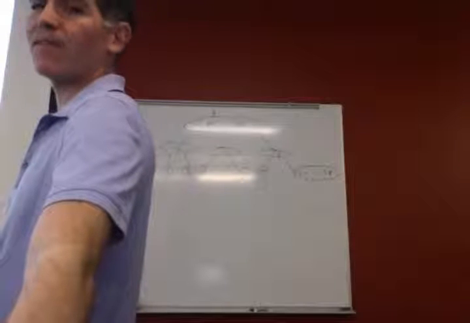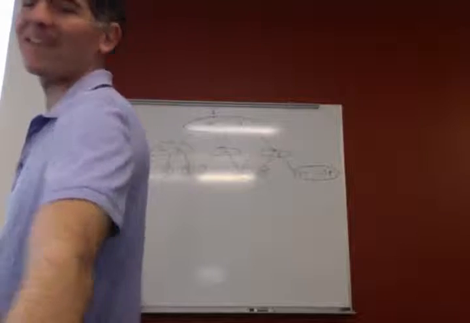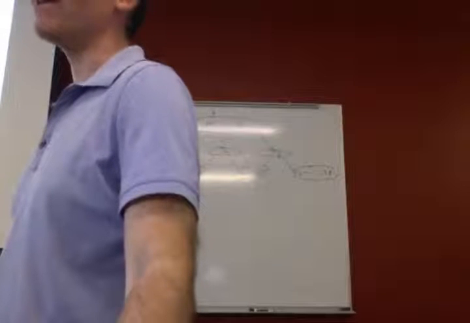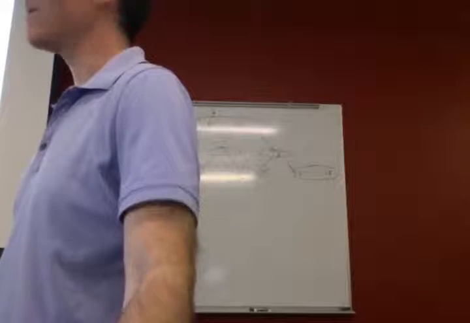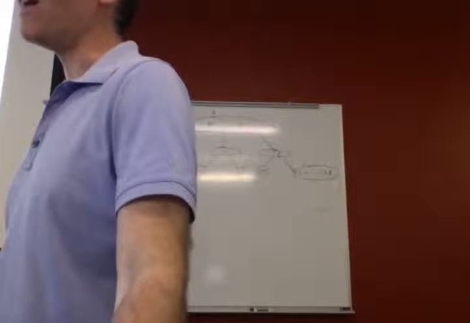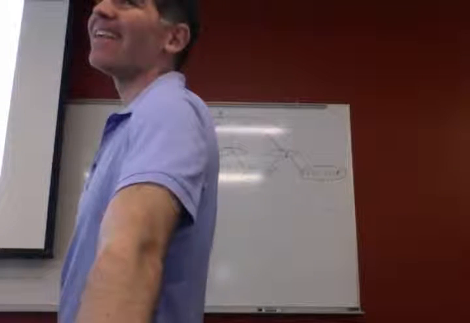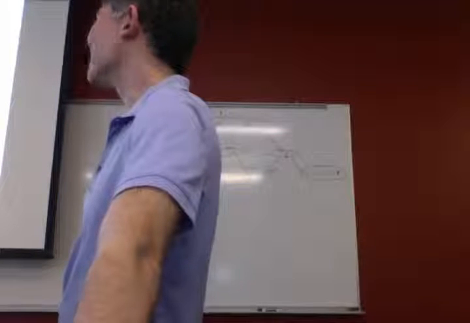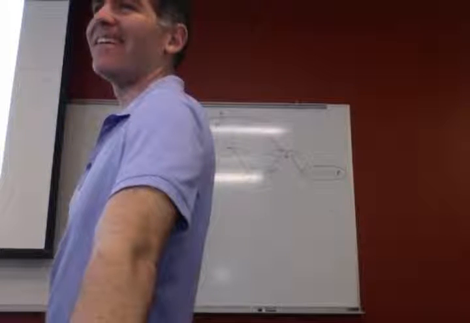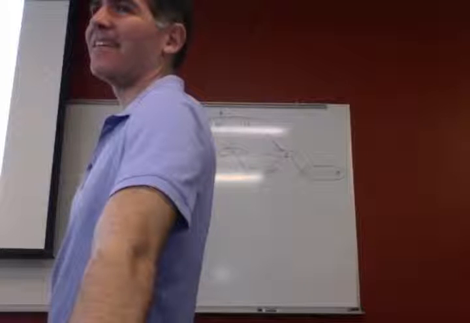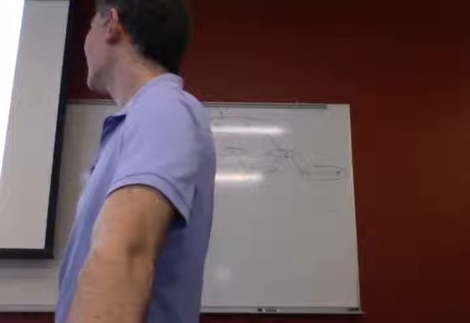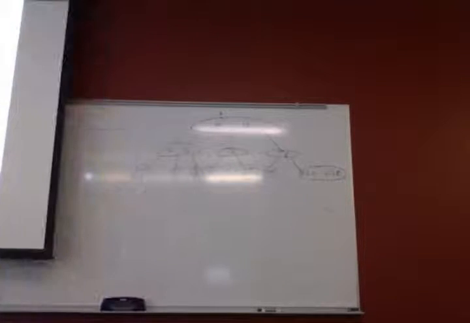Okay, so now let's insert 5 into 6. Okay, that was easy. Insert 6. What do we do? Bam! I love that. Okay, now let's insert 7. So now what do we do? 5 becomes the left node and 7 becomes the right node. Will we bring 6 up? Yeah.